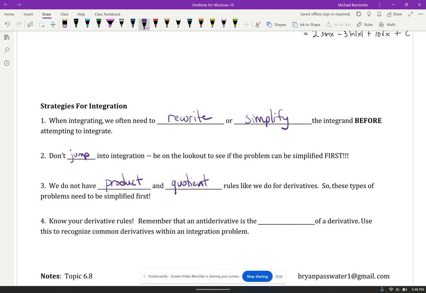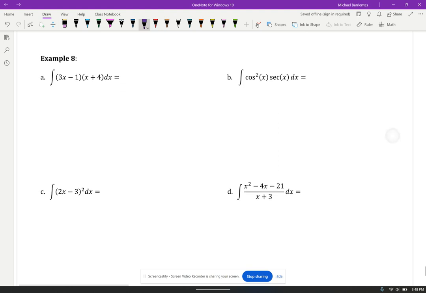And always remember that an antiderivative is the reverse of a derivative. So use this in order to help you find an easier way to take an antiderivative. So we're going to take a look at some setups here that at the beginning might look a little like what, but you're going to find that maybe they're not as bad as you think they are.